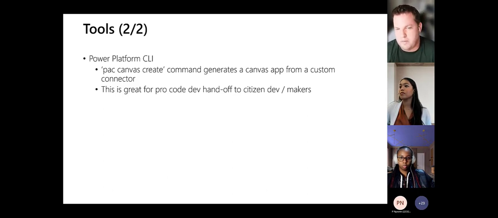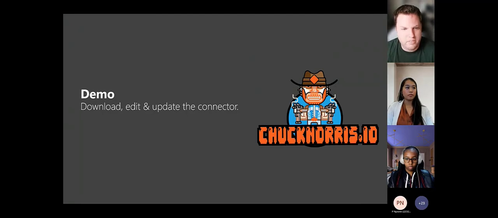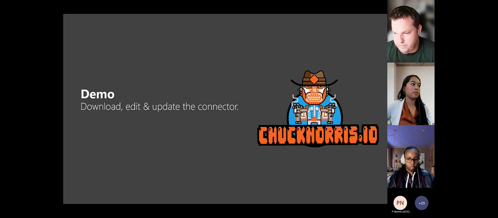Because that canvas app will help you understand what can be done with that custom connector. And that was a short part about tooling. Let's go on to the next part where we are going to download, edit, and update the connector. So let me share my screen again.